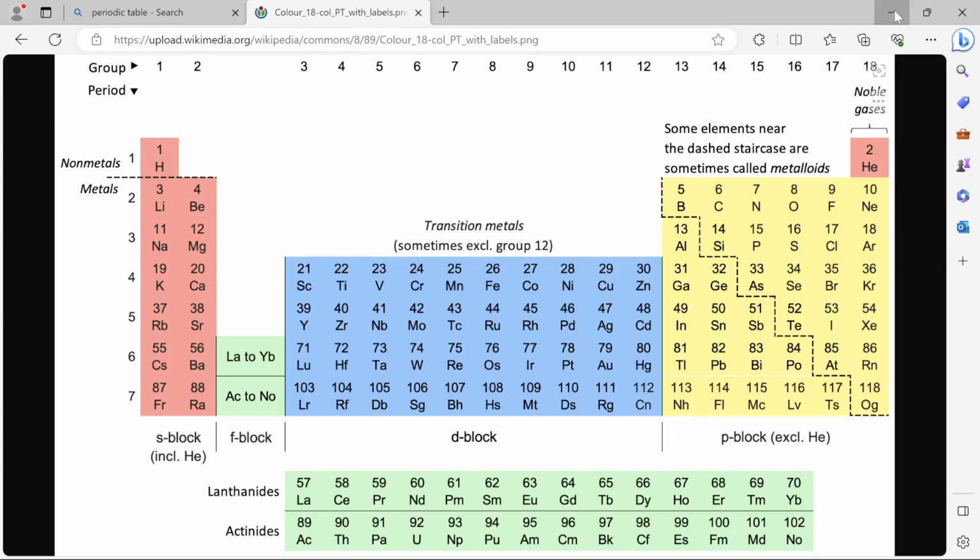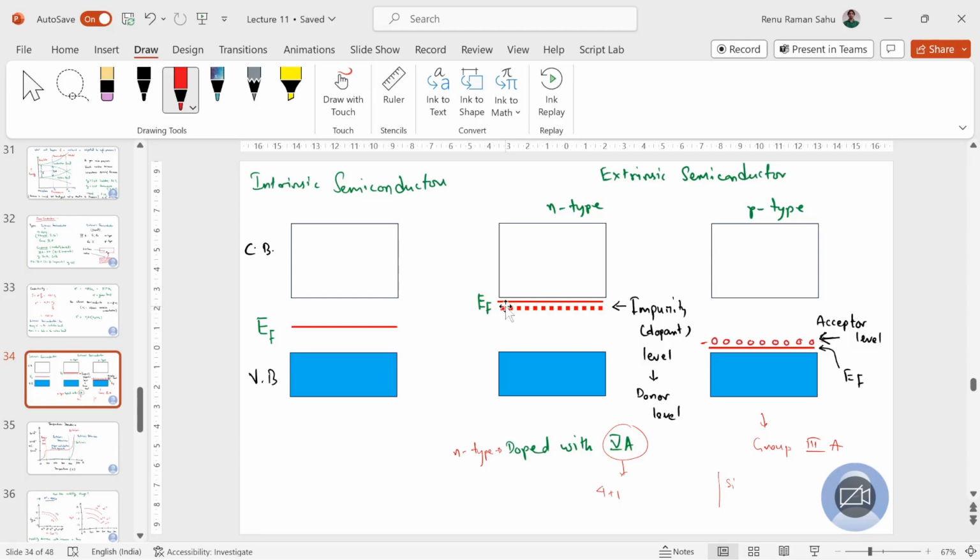That extra electron will have an energy level somewhere here.